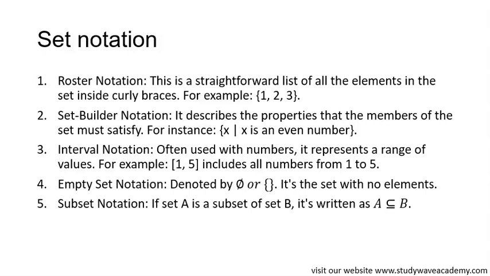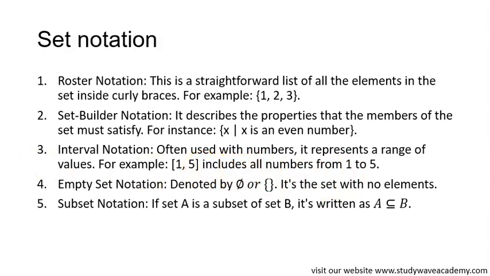For example, this is a square bracket with 1 and 5. This means it includes all numbers from 1 to 5. When you write a range of numbers inside square brackets like this, [1, 5], it means all numbers from 1 to 5, okay?